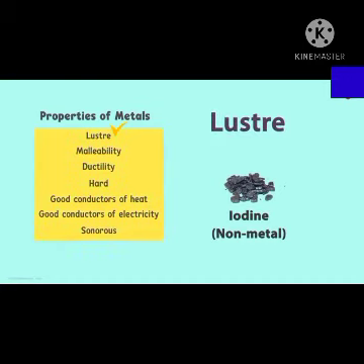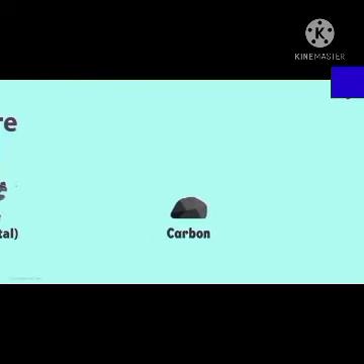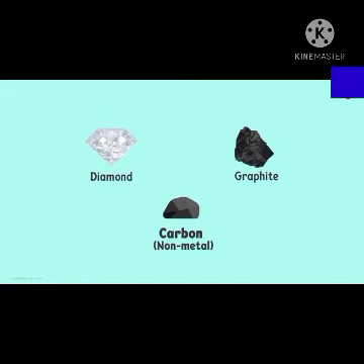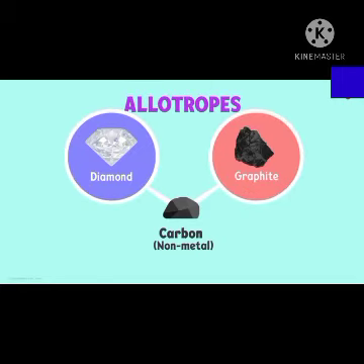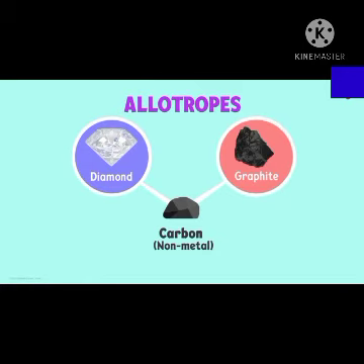Take another example, carbon. What is carbon? Is it a metal or non-metal? Yes, carbon is a non-metal. But look at diamond or graphite, they all come from carbon. They are known as allotropes. The different forms in which carbon can exist are called its allotropes.